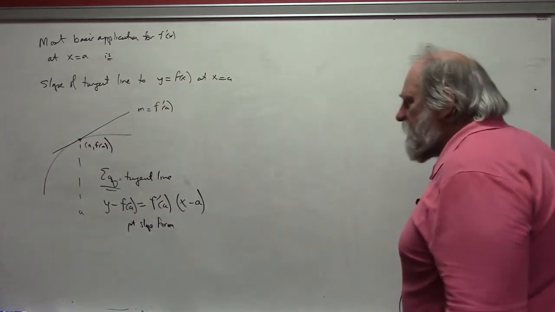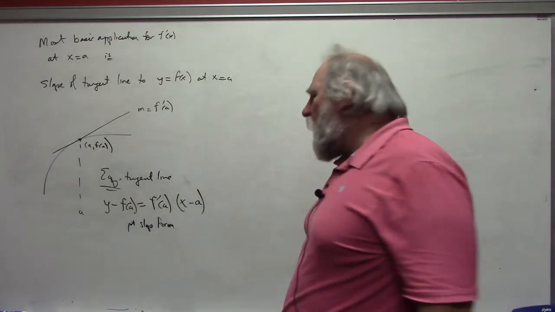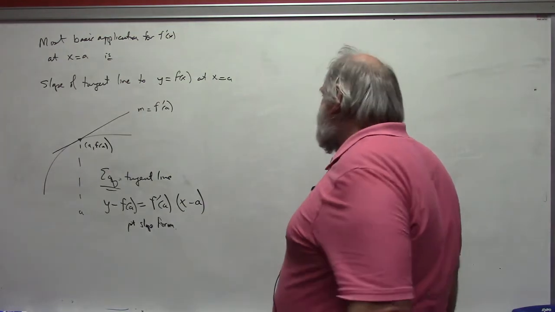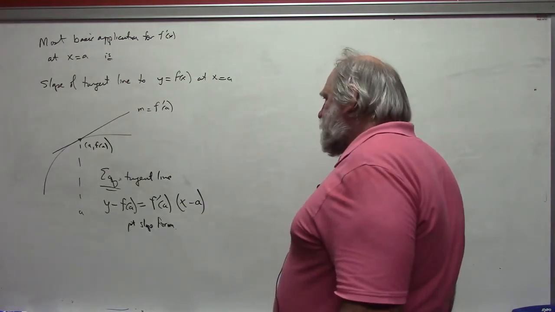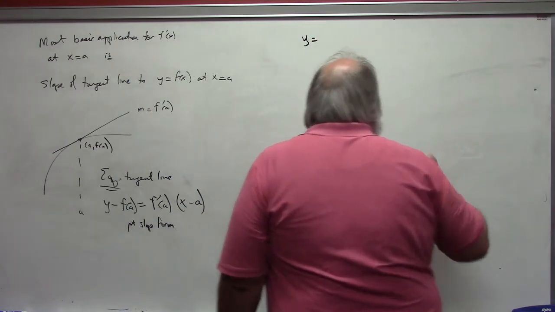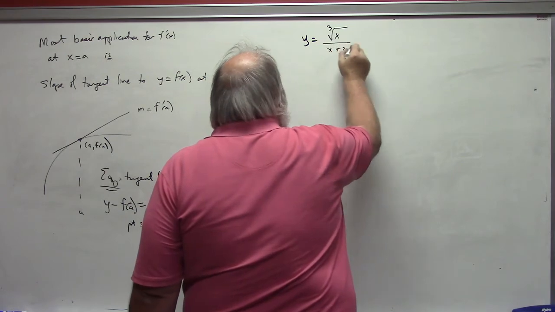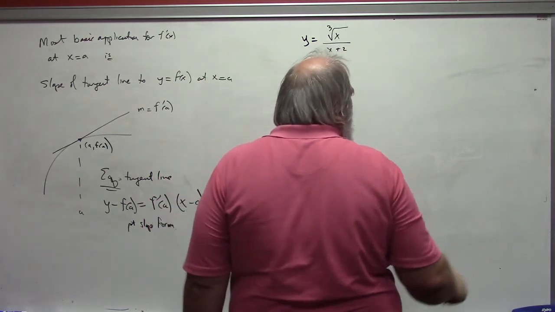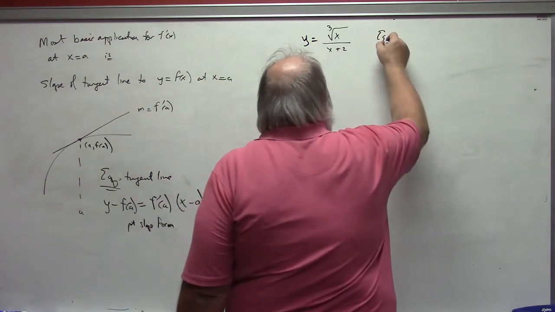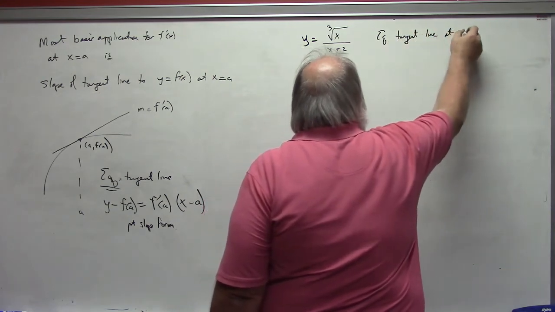So let's look at some examples. I will get to the normal line to a curve in a minute. So let's suppose that I have y is equal to the cube root of x over x plus 2, and I want the equation of the tangent line at x equals 8.